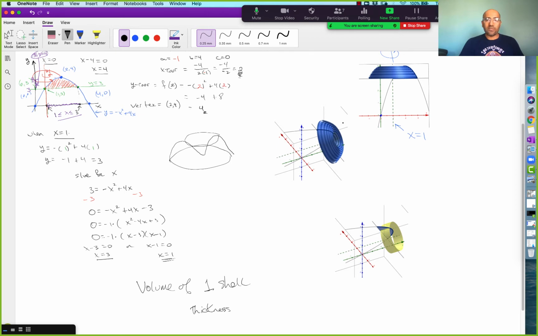Remember, the way we're slicing into this, think of it like a knife coming down from the top and going around it. So there's this knife that comes from the top, right there, and it slices all the way around.